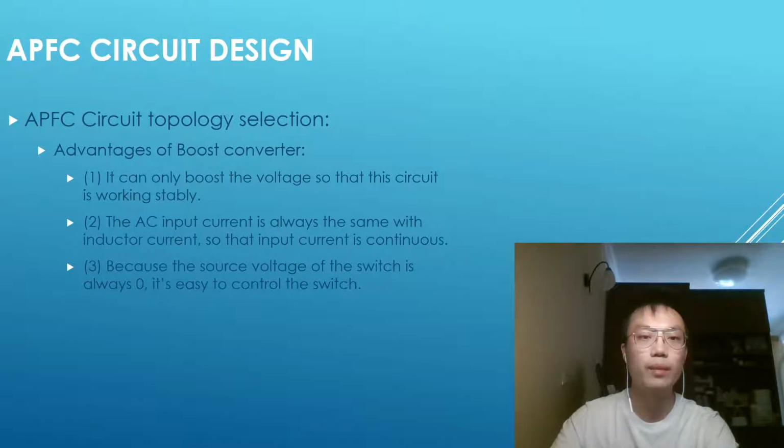When implementing large power DC to DC converting and power factor correction, the continuous input current has its own advantage. At the same time, the ripple current is small when input current is continuous, so it reduces the processing requirements for the filter circuit. Because the source voltage of the switch is always zero, it's easy to control with switch.